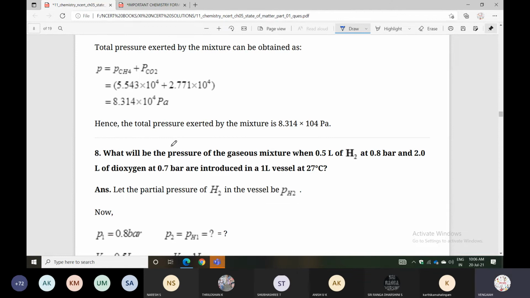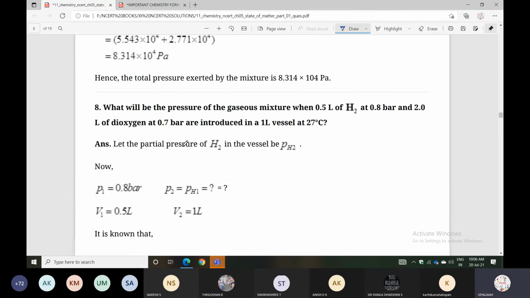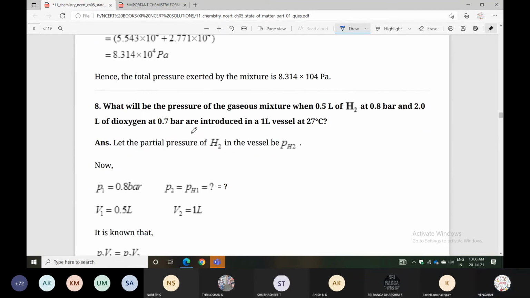Next question. What will be the pressure of the gas mixture when 0.5 liters of H2 at 0.8 bar and 2 liters of dioxygen at 0.7 bar pressure are introduced in 1 liter vessel at 25 degrees centigrade? In the question, what is given?